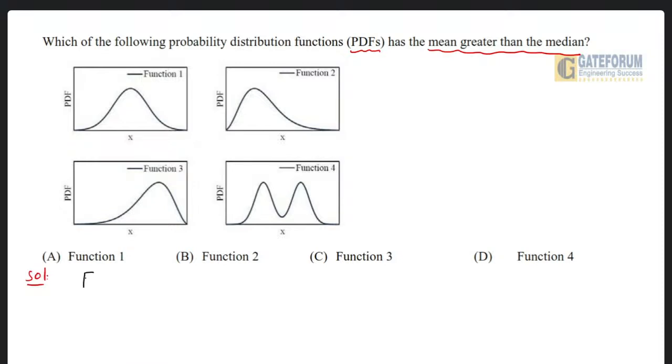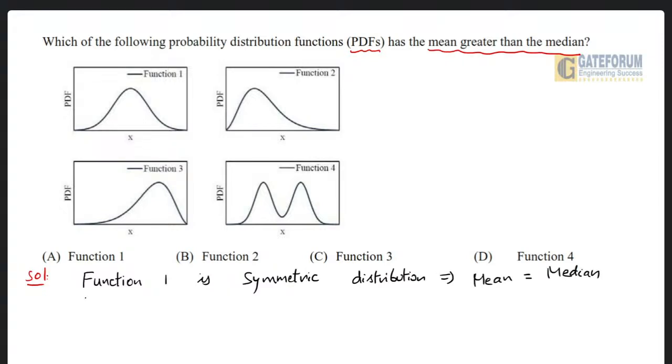So I can write here directly. Function one is a symmetric distribution. Example, the normal distribution is symmetric about the mean, which implies mean is equal to median is equal to mode.